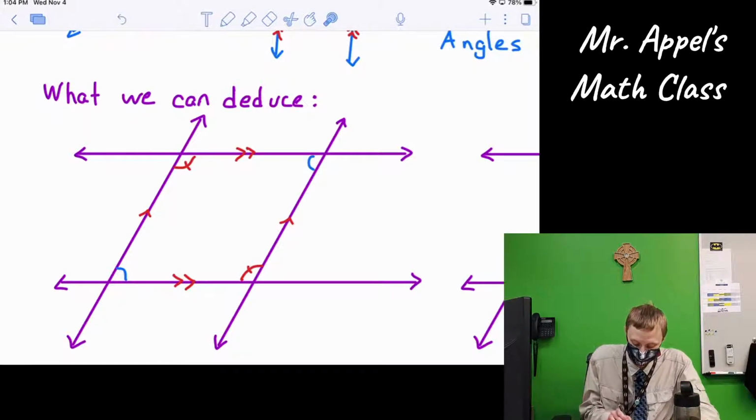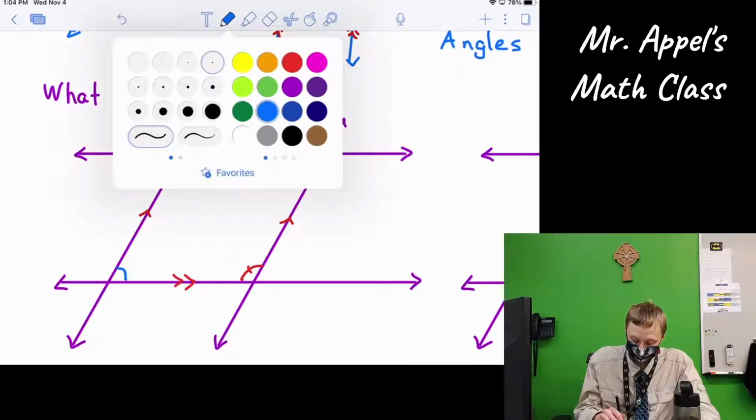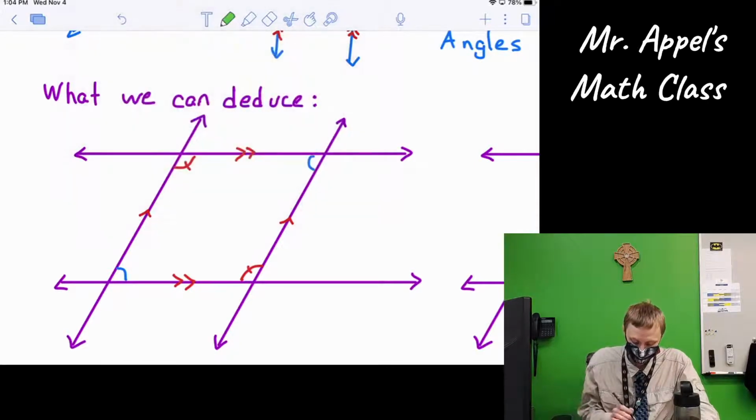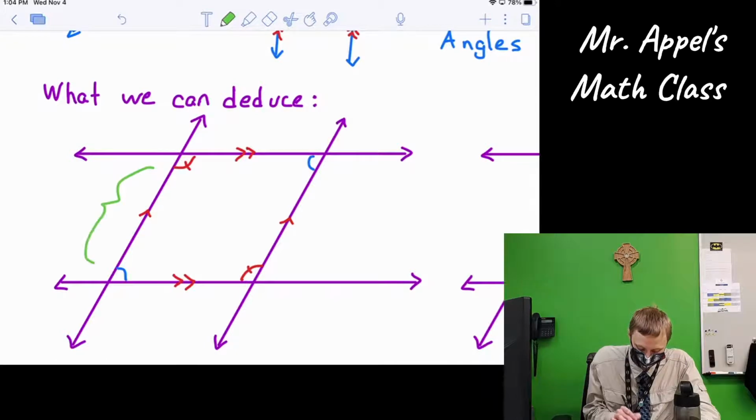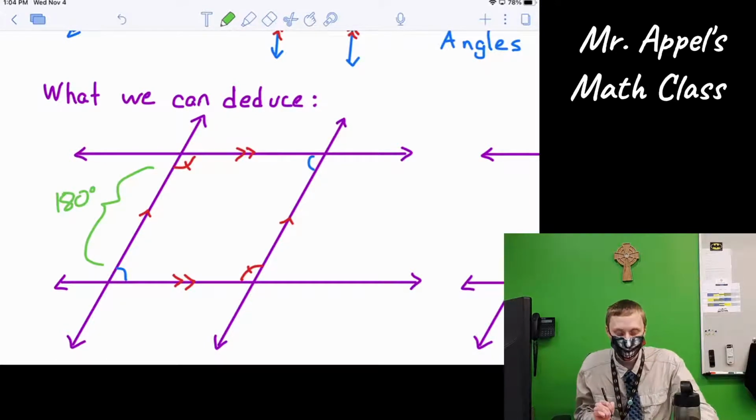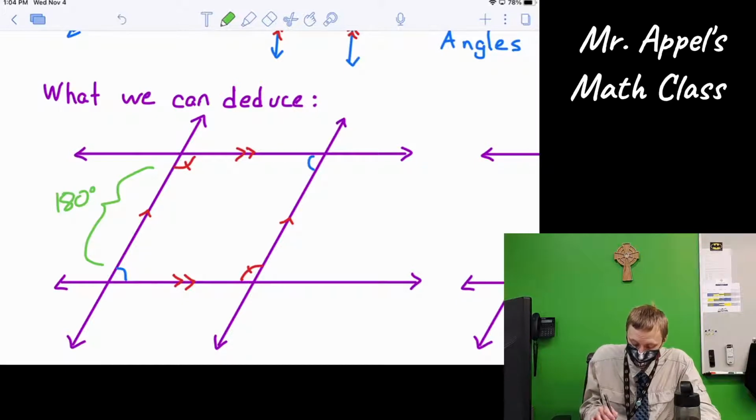So if you treat this as, hey, between these two parallel lines, I have a consecutive interior angle relationship. So let's use green here, right? These two angles make 180 degrees. And then on this side, I have another pair of consecutive interior angles between these two parallel lines.